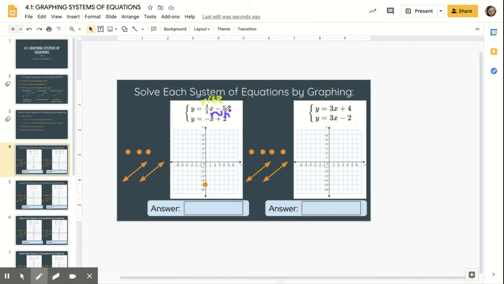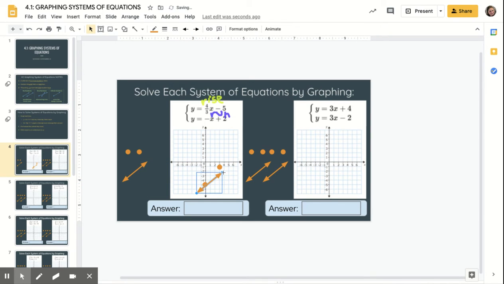I don't know, my writing skills are not the best right here. So that means I need to rise 4, run 3 to the right. So from my y-intercept, I'm going to go up 4, right 3. And that's my first line.